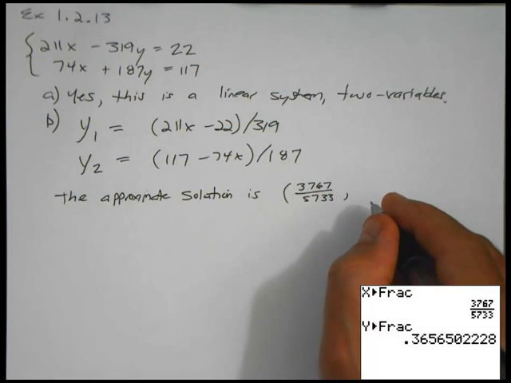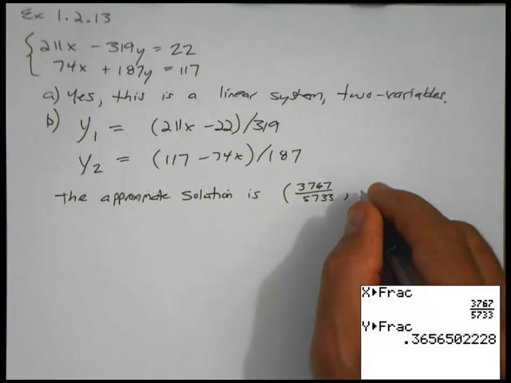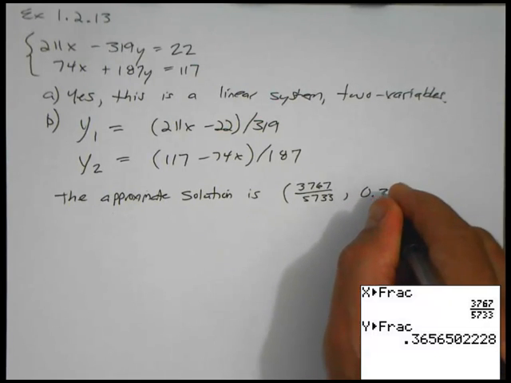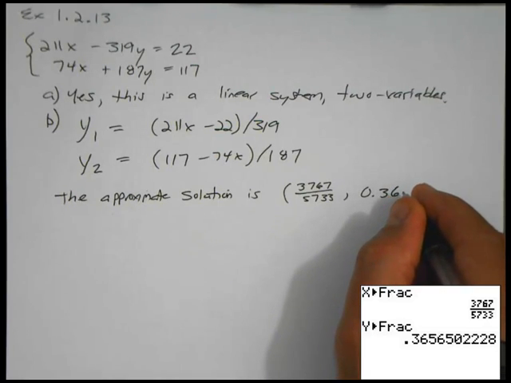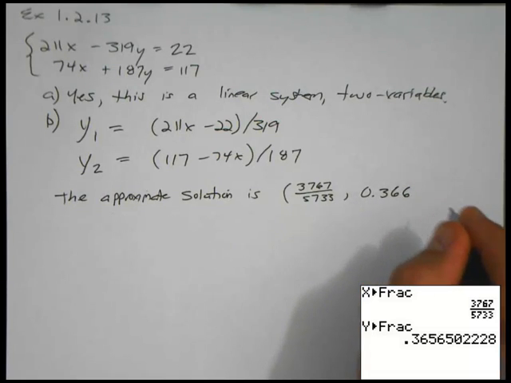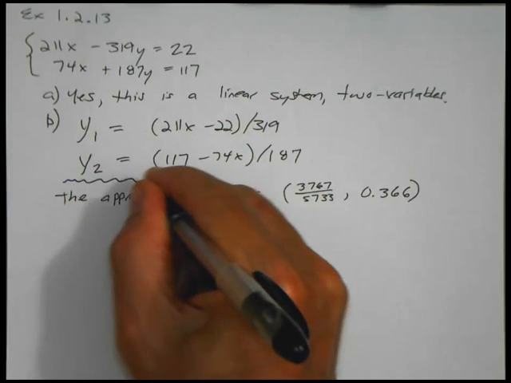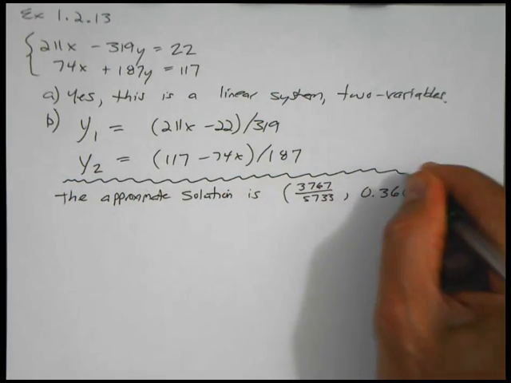Now this y-coordinate, we'll need to round this to 3 significant digits, so that's 0.36, and then 6 is the result of rounding there. Okay, our conclusive statement.